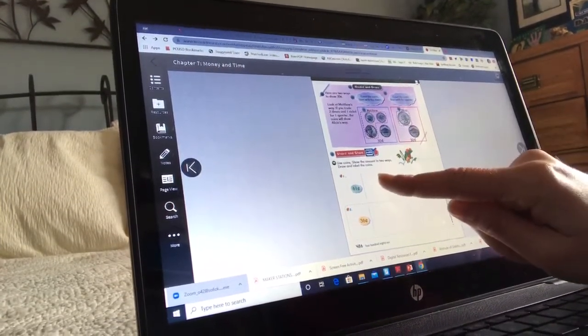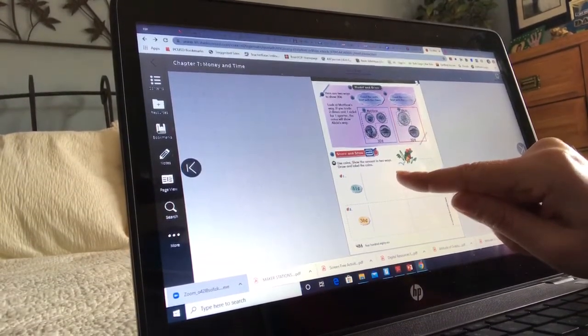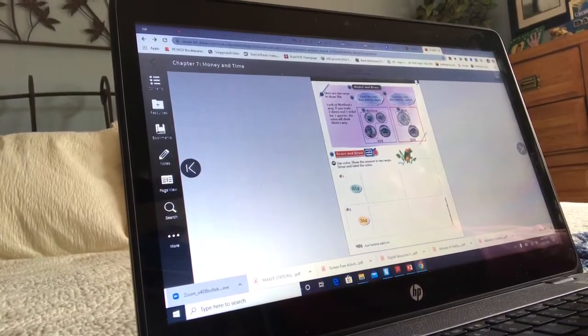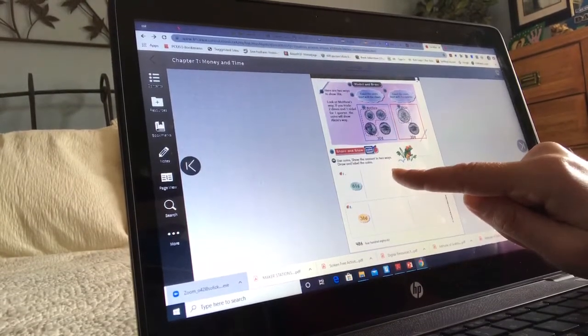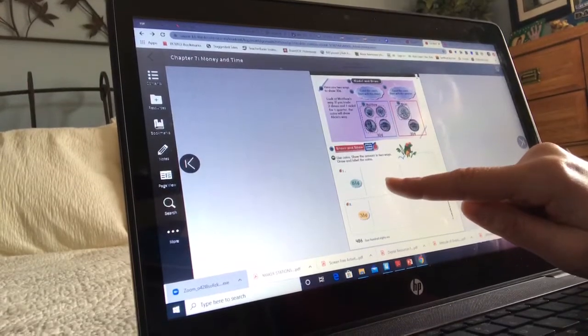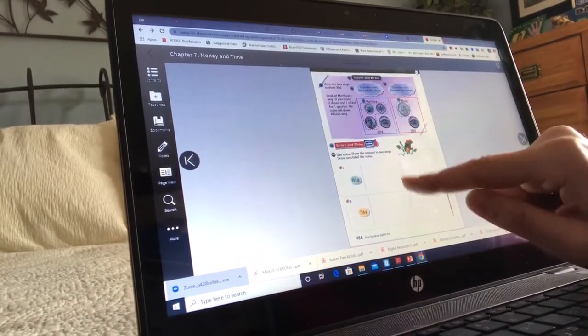So you would go 25, and then another quarter would be 50. But I can't do 3 quarters because that would be too much. That would be 75 cents. So I'd go 25, another quarter, 50, and then I could go to a dime, 60, and a penny, 61.